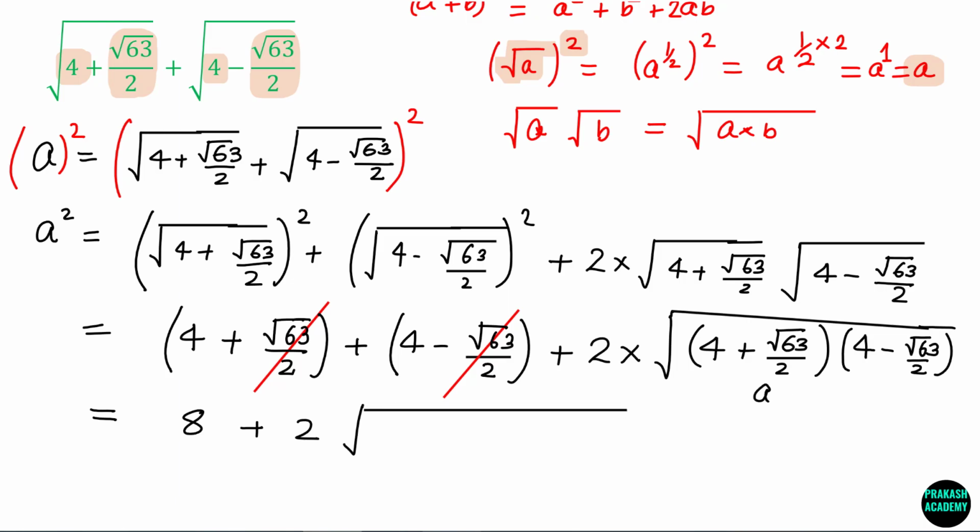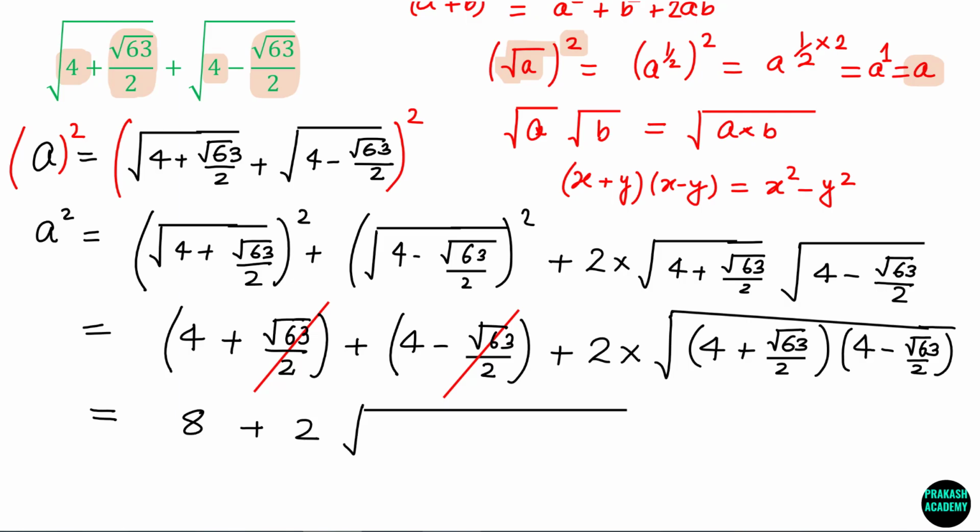This is written as A and this is B. Then let us say this is X and this is Y. So this is X plus Y and this is X minus Y. So I will use another algebraic identity, that is if you have X plus Y into X minus Y, then this can be written as X square minus Y square.